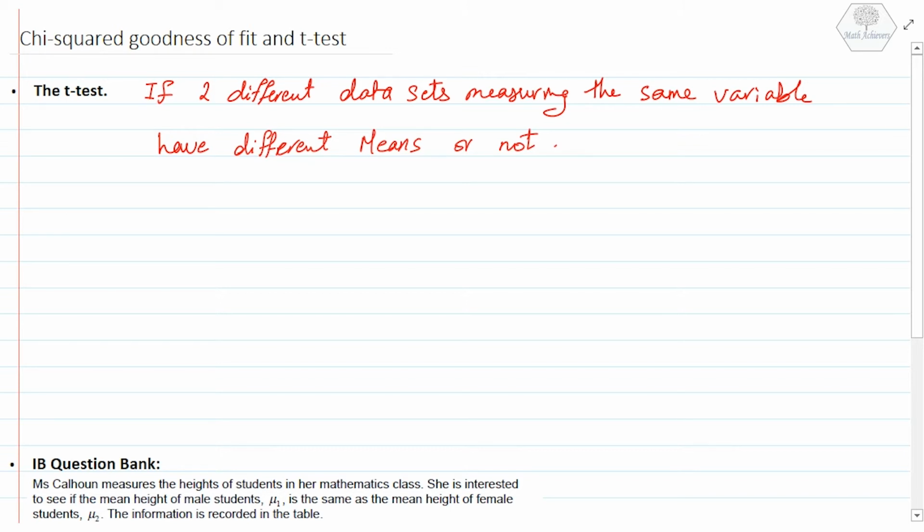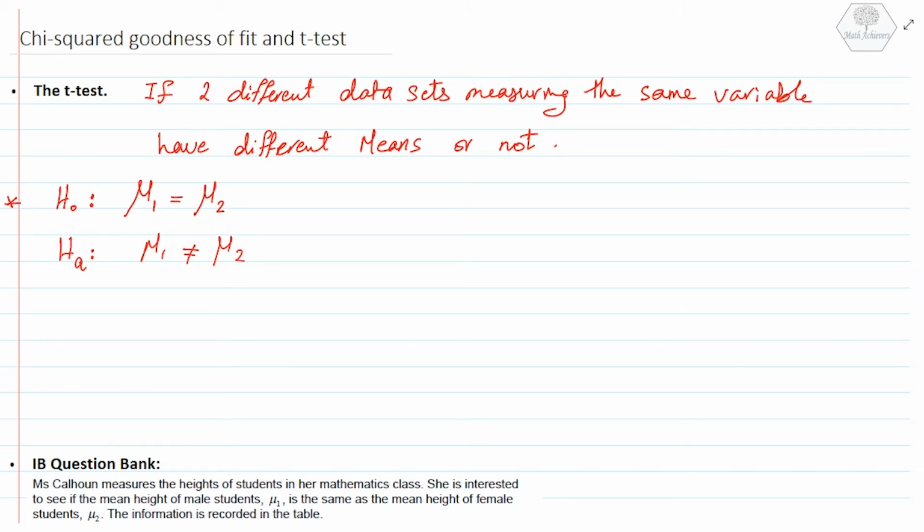So in my t-test, the null hypothesis is always mu1, which is the mean of data set 1, is equal to mu2. The alternative hypothesis, mu1 is not equal to mu2.